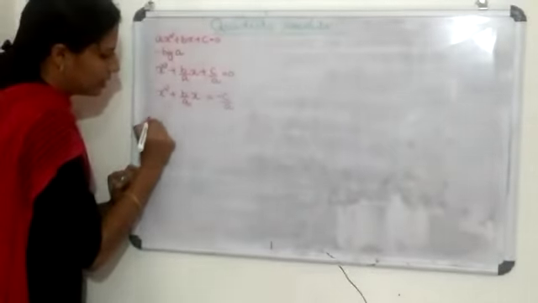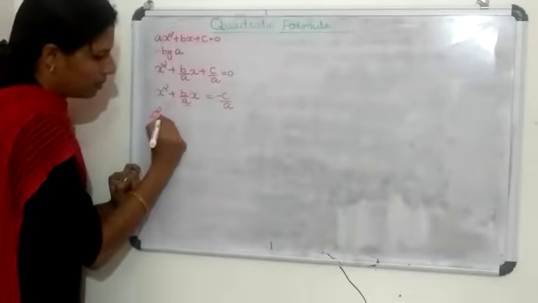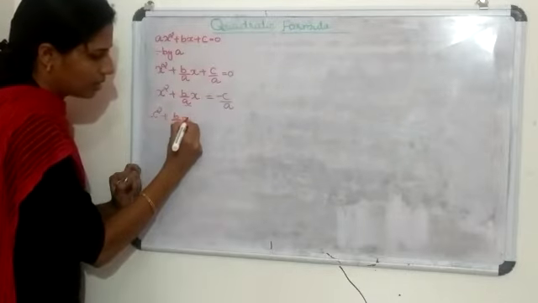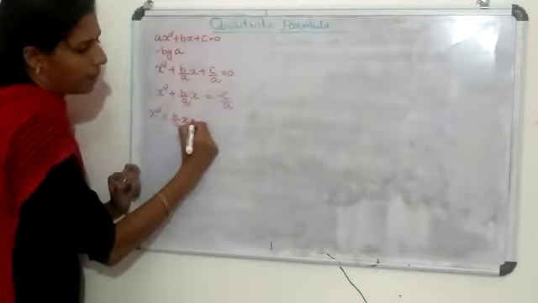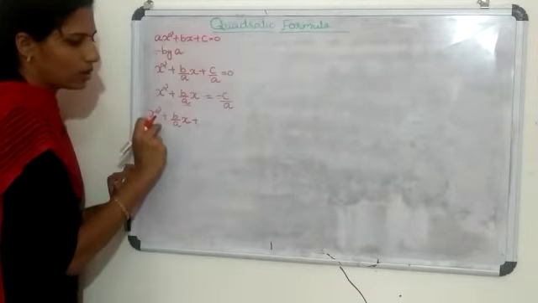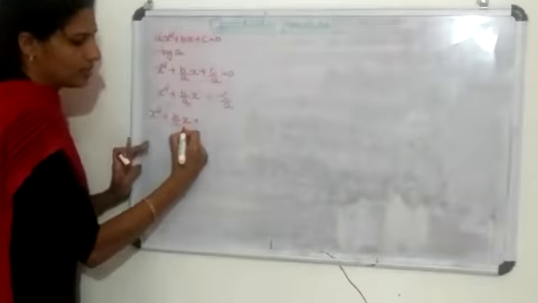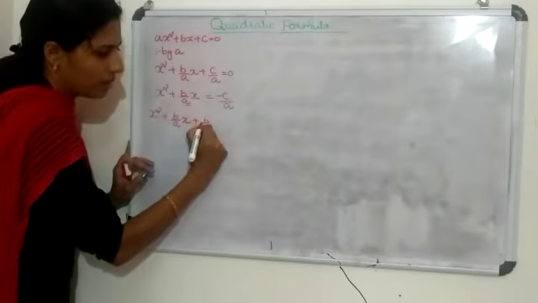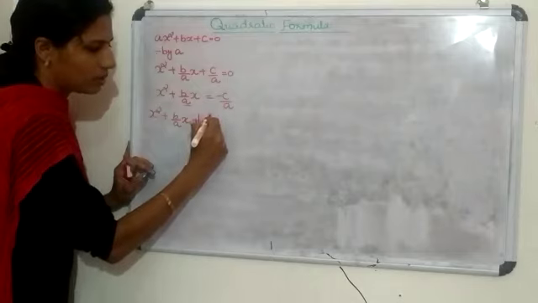We will get x square plus b by a x plus, see what is the sign here? According to the sign, the identity will be again plus b by a into 1 by 2, which becomes b by 2a. It is in the form of a plus b whole square.